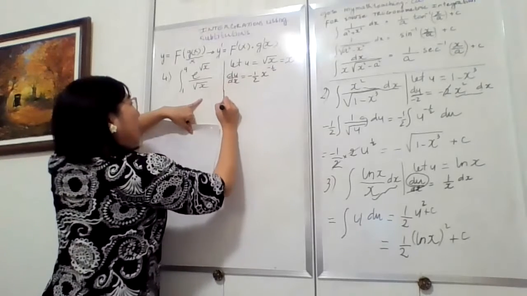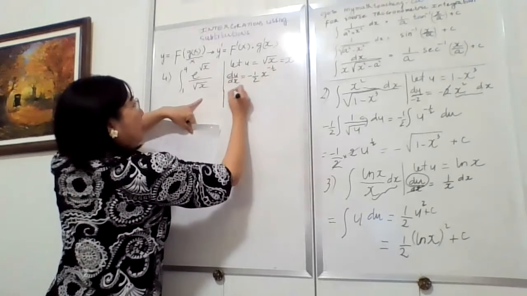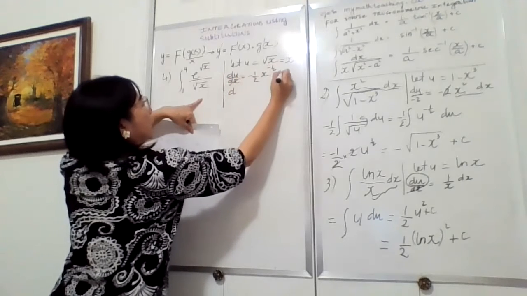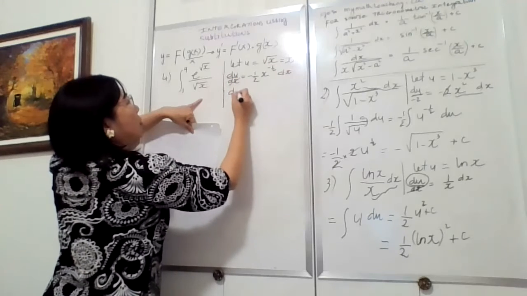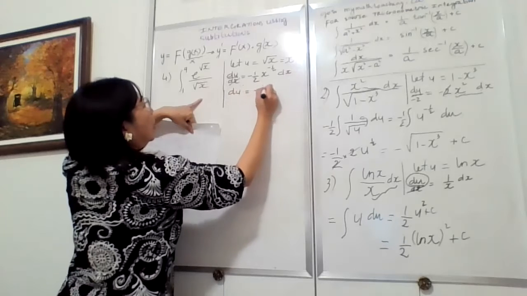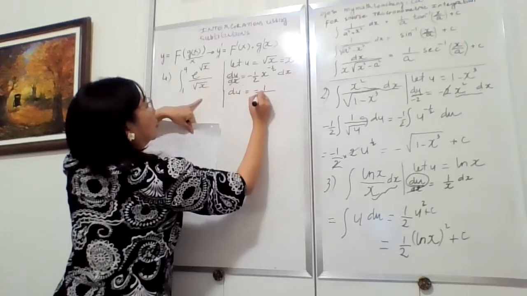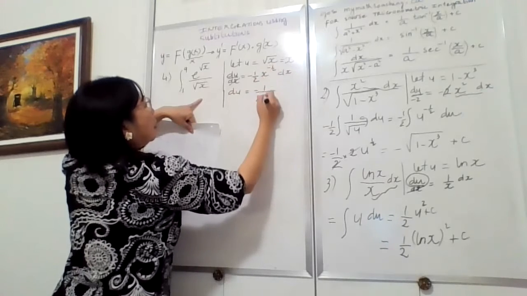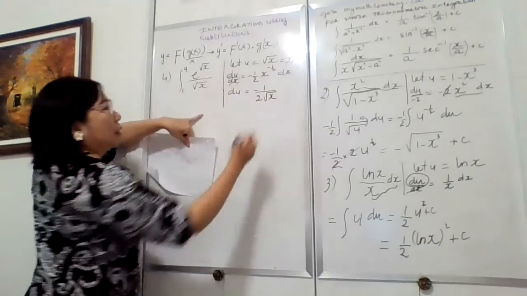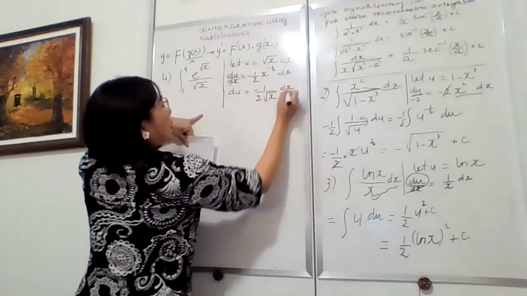But that's good because I can bring the x down here, and let me pick the dx up here, okay? So now I have du equal minus 1 over 2, and I bring this down here, but I turn it back to the square root, and dx.